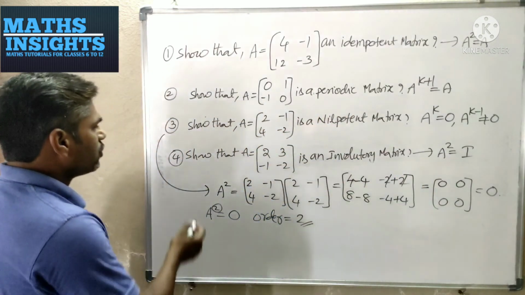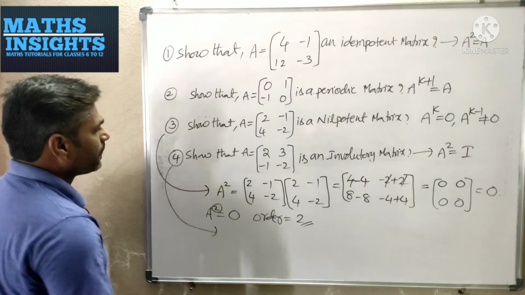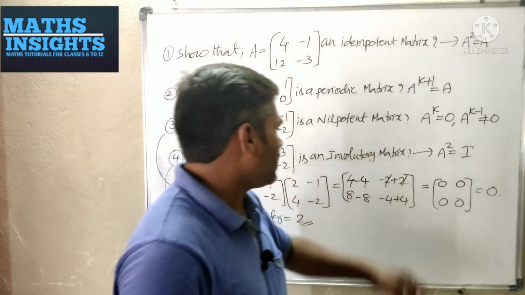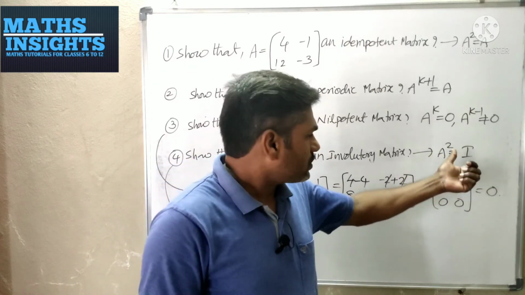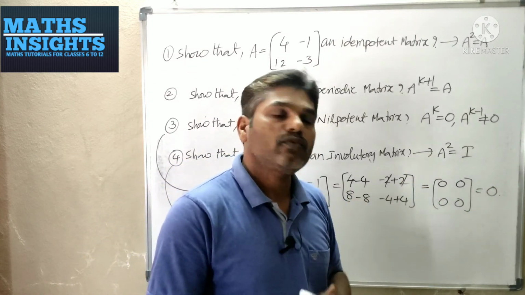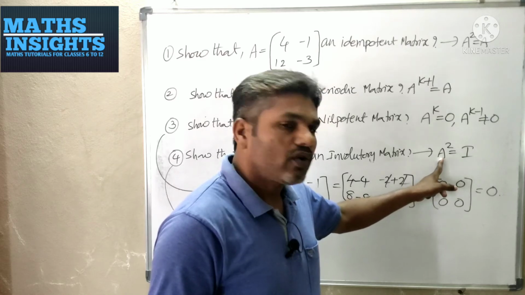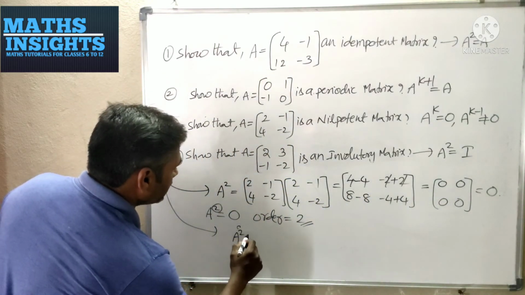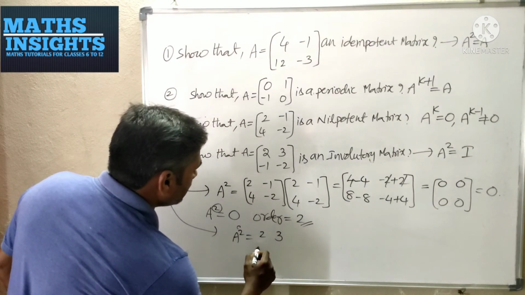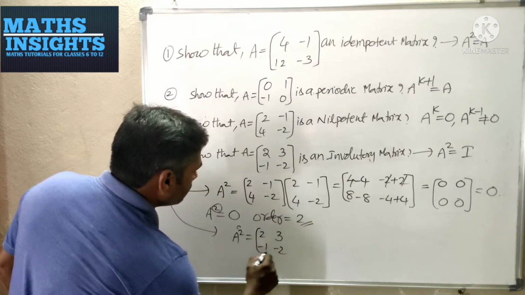Coming to the fourth one, what it is asking: show that A is an involutory matrix. If A square is equal to I, then that is said to be involutory. Now we have to multiply A 2 times. First, A square is equal to 2 3 minus 1 minus 2.